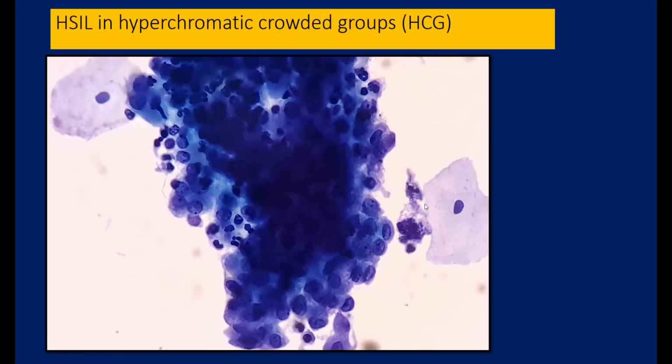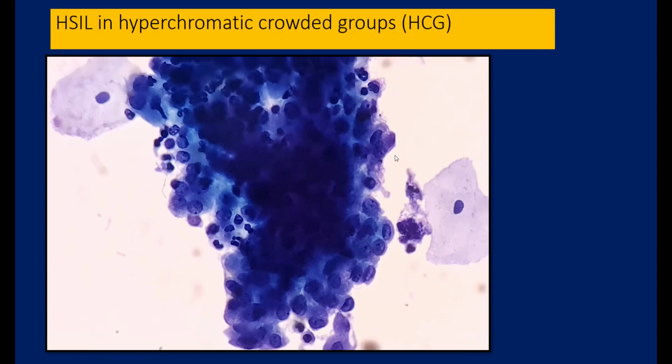Now, the problematic cases of HSIL come when we find HSIL as a hyperchromatic crowded group. You have to look at the edges of these aggregates or groups, and you can see that at the edges the cells look like metaplastic cells. Some of them have a rounded appearance, and whenever you see a round cell, we start thinking: are we dealing with a glandular abnormality or a squamous abnormality?